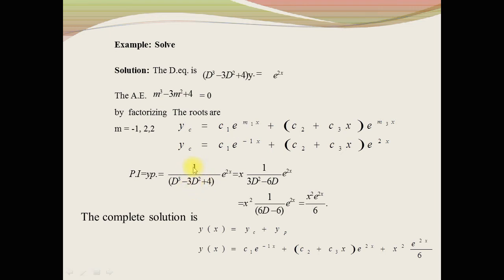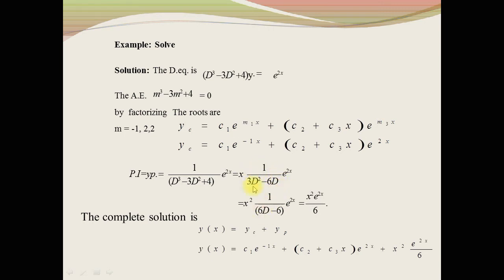Since we have 1 over 0, which is undefined, now taking the derivative and putting x out of this operator. Taking the derivative by power rule, 3D^2 - 6D, and the derivative of 4 is 0. Now again putting D = 2, so 3 into 2^2, 4 times 3 is 12, and 6 into 2 is 12, 12 minus 12 is 0, again 0.